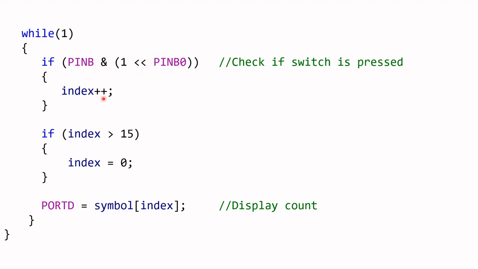So here index plus plus is actually equivalent to index equals index plus 1. All right, so that would use index to point to the next element in the array. And here we check if the index has reached 15. If it has, then we reset index back to 0. Then here, basically, we output the symbol to port D.